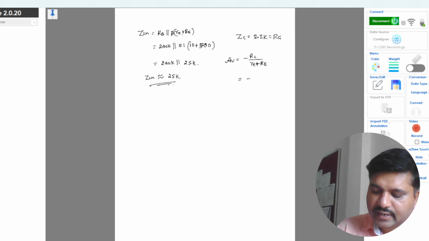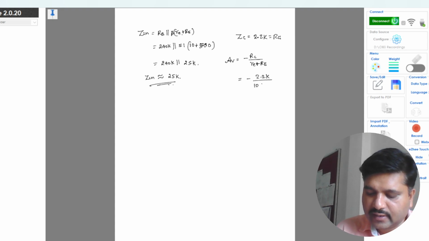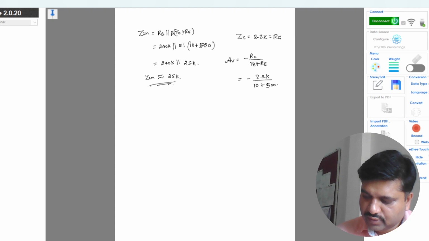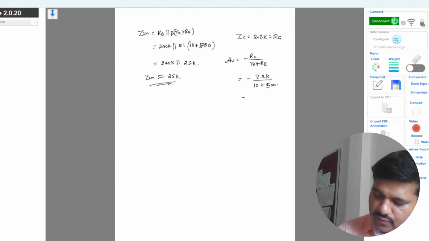So it was minus 2.2k by re, which was 10 earlier, now it is 10 plus 500. So 2200 divided by 510 is 4 point something, 4.1 or 4.2.